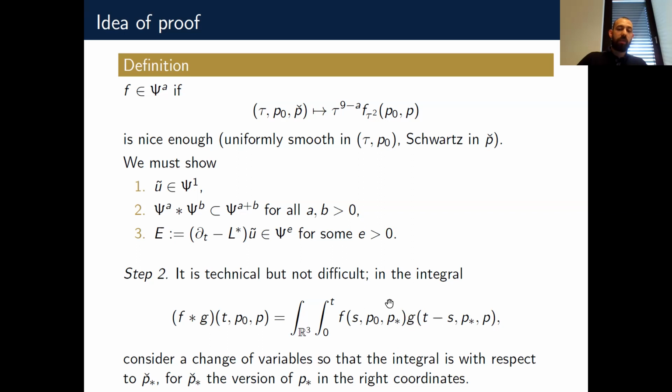And if you consider this p star in the right coordinates around p0, so there's a dp check, a dp star here, ds. If you consider this the good time change of variables, then you see that everything is bounded. Again, it's definitely not something I want to show you on a slide, but it works, and you could do it by hand. It's really not that difficult.